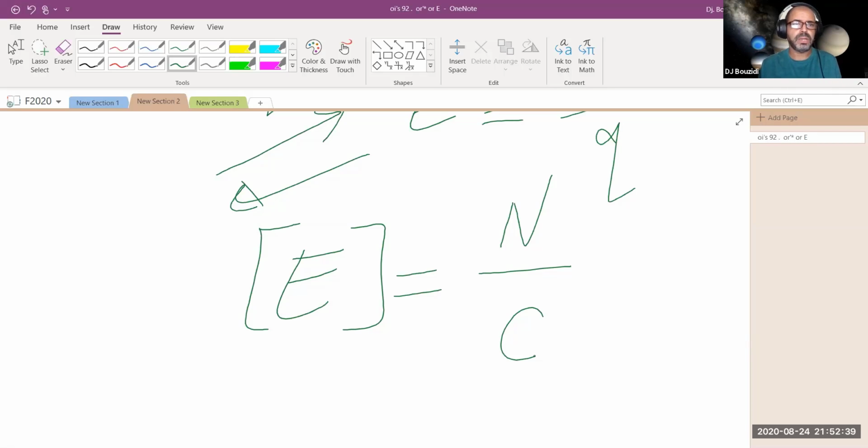Otherwise, it's not a real physical concept. And I just described a way of measuring it. Bring a 1 Coulomb charge, attached to a mass spring system that is scaled properly in terms of Newtons, and read what force it exerts.